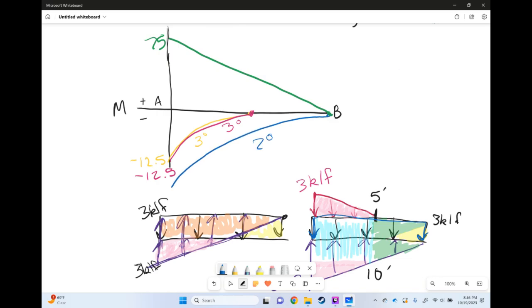This is a 2nd degree curve. And he's going to be at W L squared over 2. Of course, he's negative because he's going down. So negative W, 3 kips per linear foot, times L squared, so L being 10 feet squared, divided by 2, is going to put us at negative 150. Kind of a far way down.